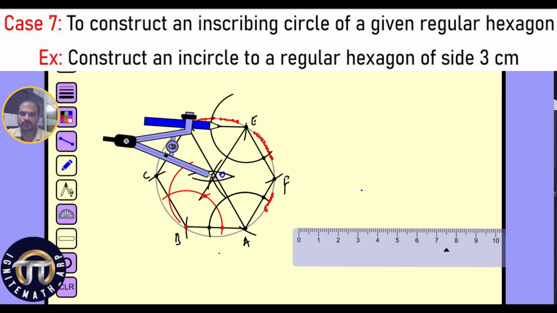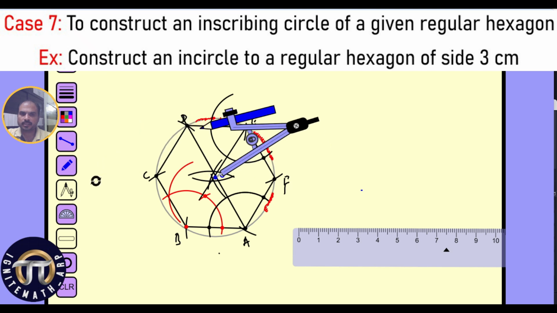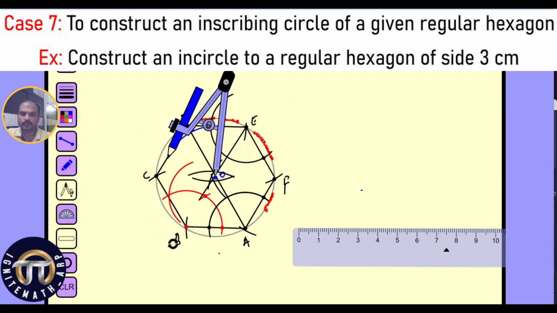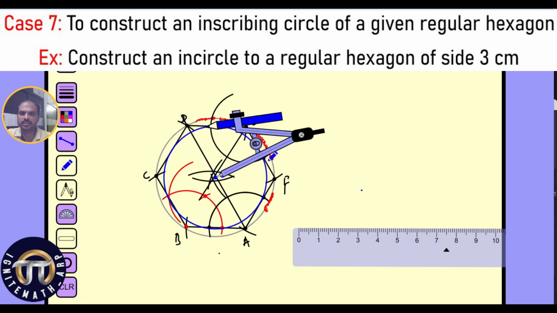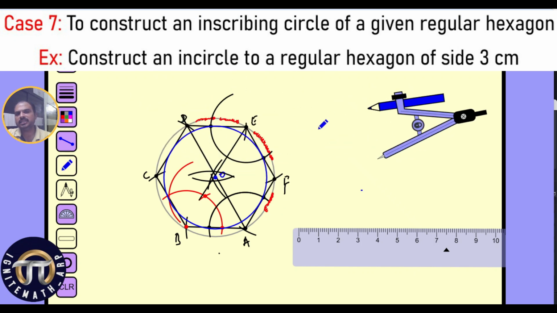Exactly, it should touch. It is touching now. Now draw the circle. So this is your required incircle. The blue one is your required incircle which you have drawn inside the hexagon.